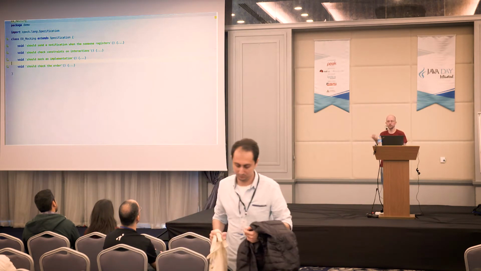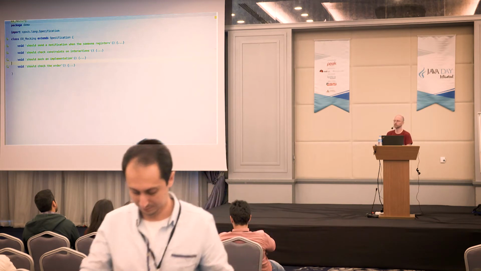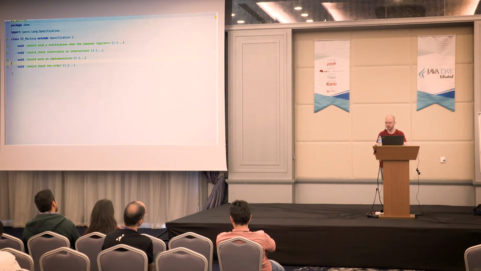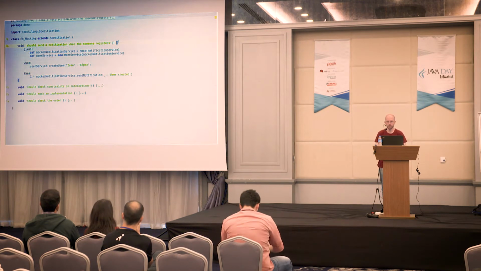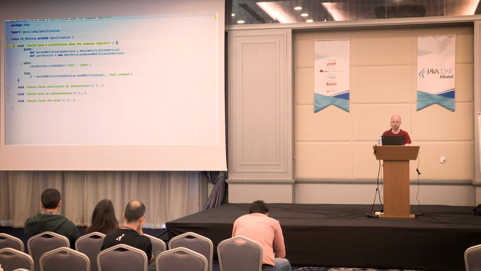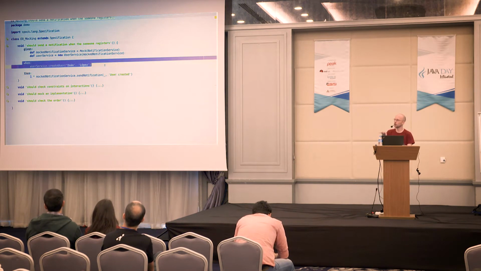So if you use JUnit or something like that, you Java developers, you use, for example, Mockito or EasyMock or something like that. With Spock, you don't need to add new dependencies. Spock has a built-in mocking framework. So here what I'm going to do is use that to mock this collaborator.